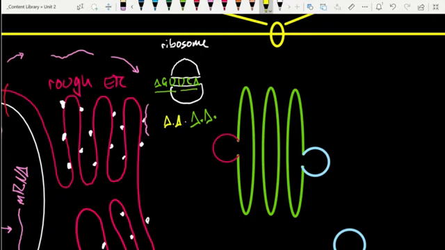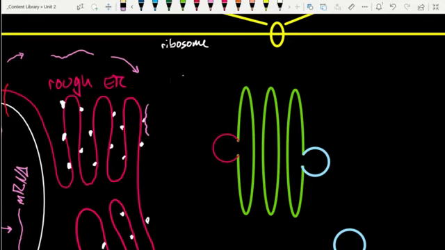So now I have 2 amino acids in play, depending on that 3-letter code, and the ribosome catalyzes the formation of the peptide bond that holds those 2 amino acids together. If you recall from our protein study, this is building the polypeptide chain. This is the primary structure of protein, the amino acids all linked together.